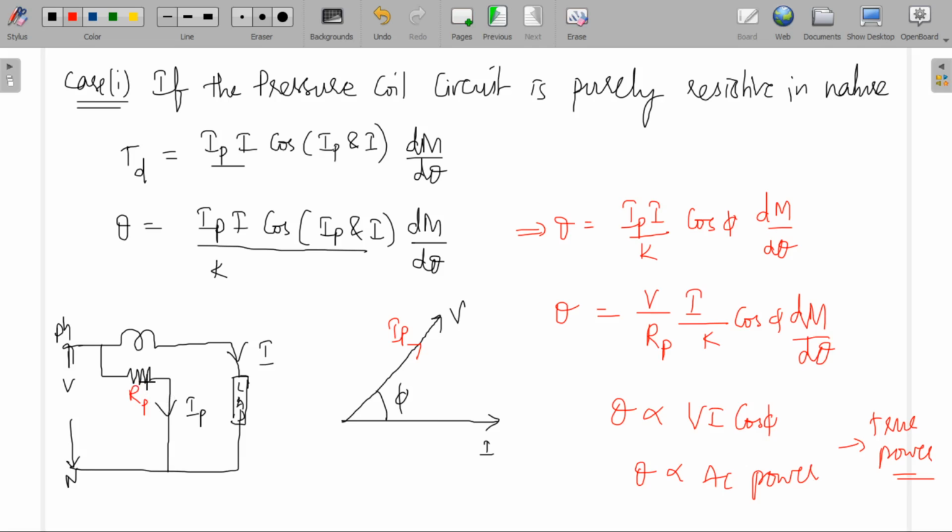If it is highly resistive in nature, then you can reduce the error due to pressure coil inductance. So it should be highly resistive in nature.